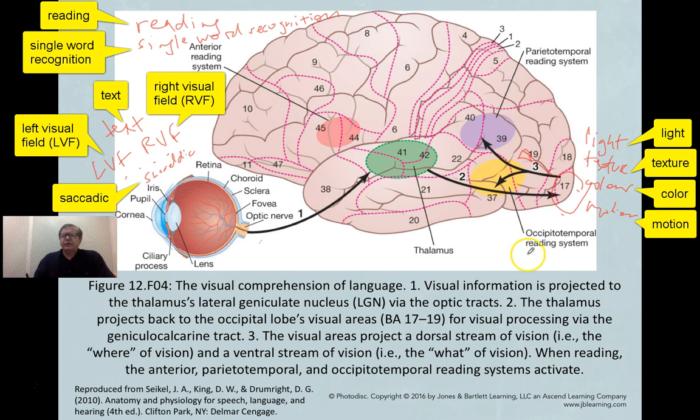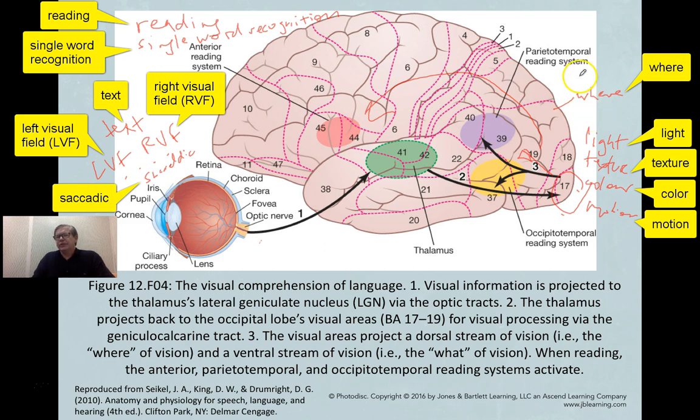Now, the visual areas that are most relevant for reading are what we call the ventral and the dorsal stream. In other words, the what and the where. The dorsal stream is at the top, and that's because the word dorsal refers to upper, and that is what we think is specialized for the where of all visual information, not just written words, but all kinds of information in the visual field.